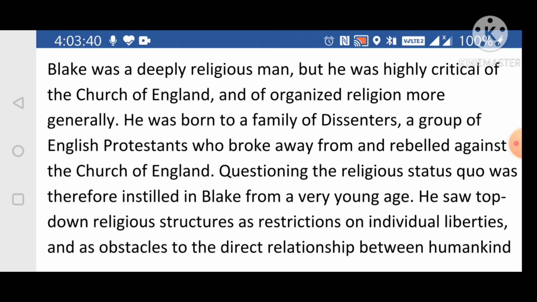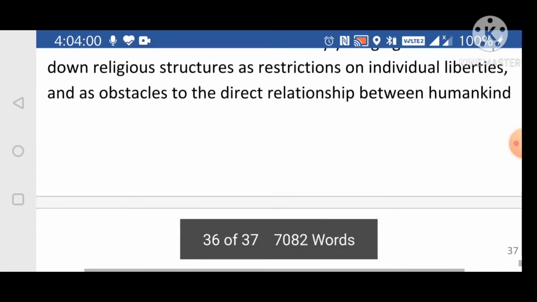Questioning the religious status quo was therefore instilled in Blake from a very young age. He saw top-down religious structures as restrictions on individual liberties and as obstacles to the direct relationship between humankind and God.